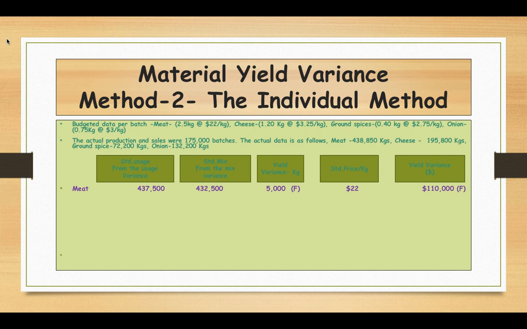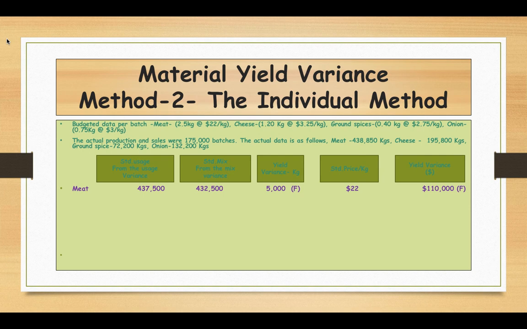So 2.5 divided by 4.85, times it by 839,050. So you will be getting 432,500. If you have problems, please refer to my mix variance calculation. Under that, we have done the standard mix of actual quantity in detail. So when you compare these differences, you will get 5,000 favorable.